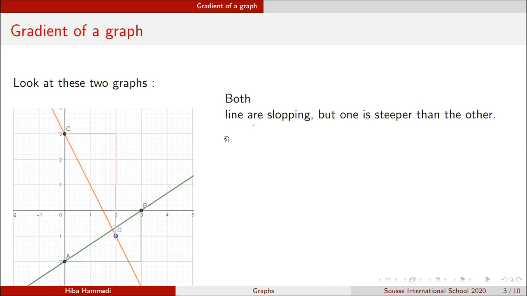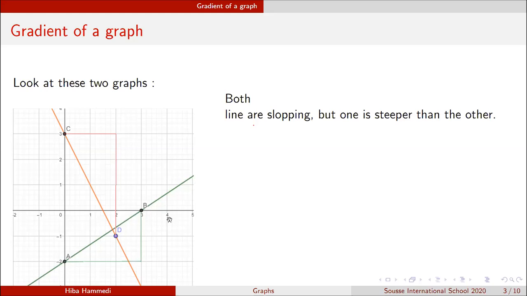Now, if you look at these 2 graphs, for example, 2 lines, you will see that both of them are sloping, but one is steeper than the other one, okay? And you can see that one is going down and one is going up when the value of x is getting bigger.